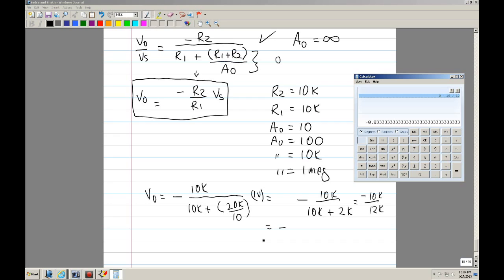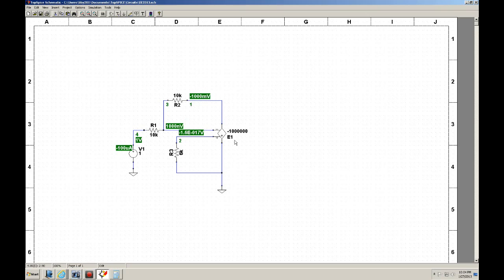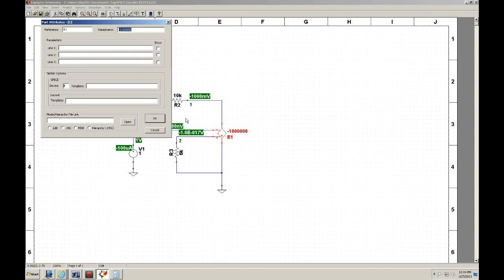So it looks like the answer would be 0.833. So that's with a gain of 10. Now remember when we did 1 million, it was 1 volt. So let's see if it's true, see if we get the same.